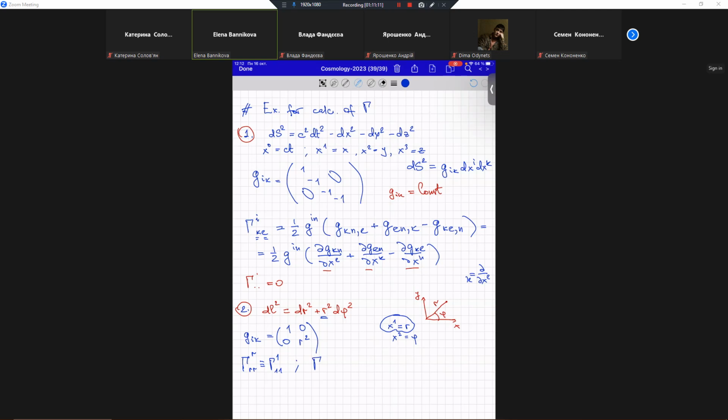Also, we will have Christoffel symbols where I put as the upper index the coordinate r, just to recognize that this is related with the coordinate r: Γ^r_{φφ}. Also, we need to calculate Γ^φ_{φφ} and Γ^φ_{rr}, like this. Of course, we will also have Γ^φ_{φr} or Γ^φ_{rφ}, and like this. So in principle, we can continue.